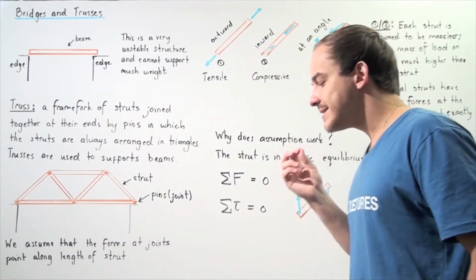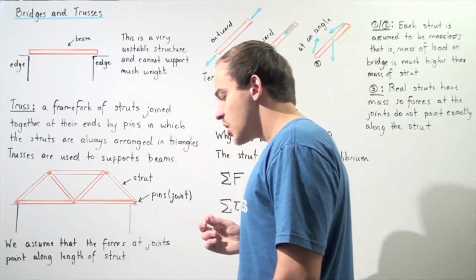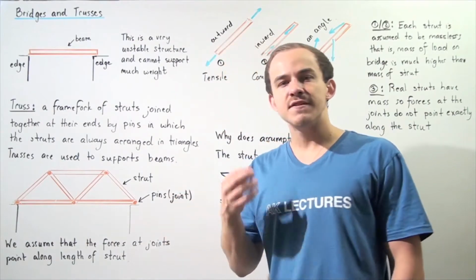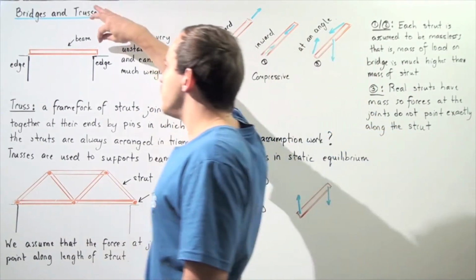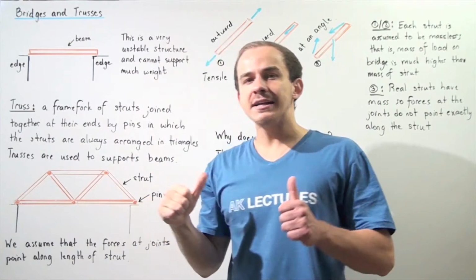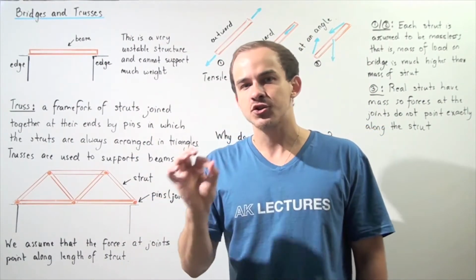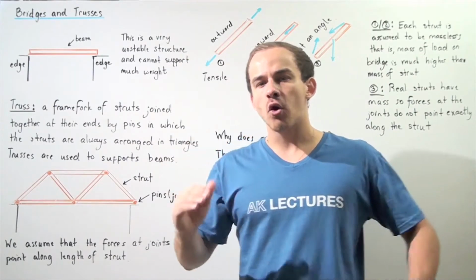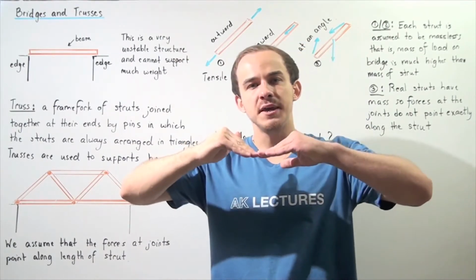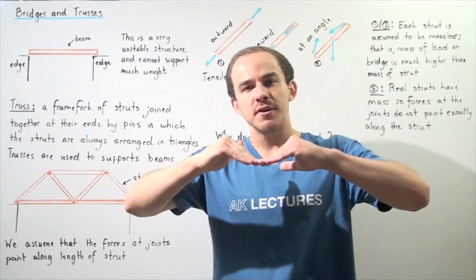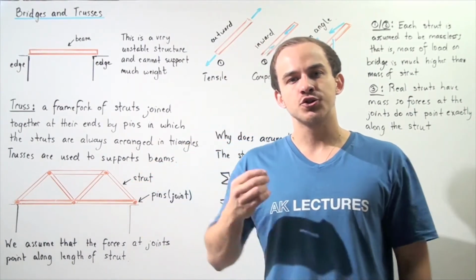Now, why is this not a very good idea? Well, for one thing, if we have a very large mass moving across that beam, that mass will create a force, and that force will be concentrated. In other words, that force will act to deform the beam, and that deformation of the beam will create shear stress.